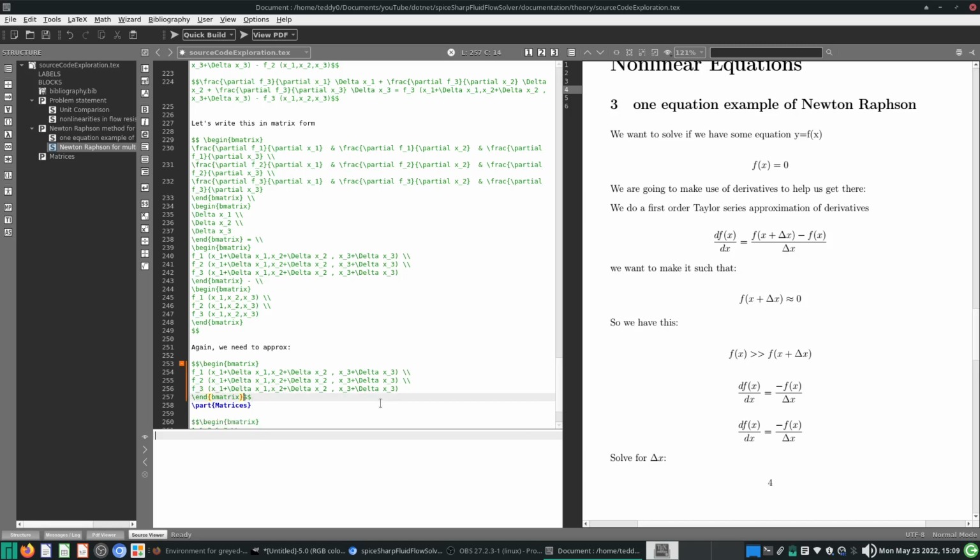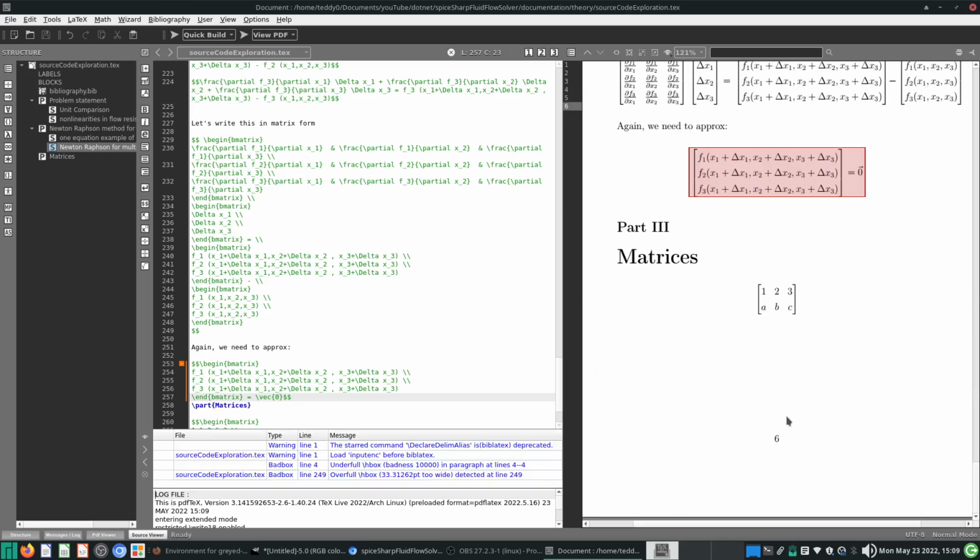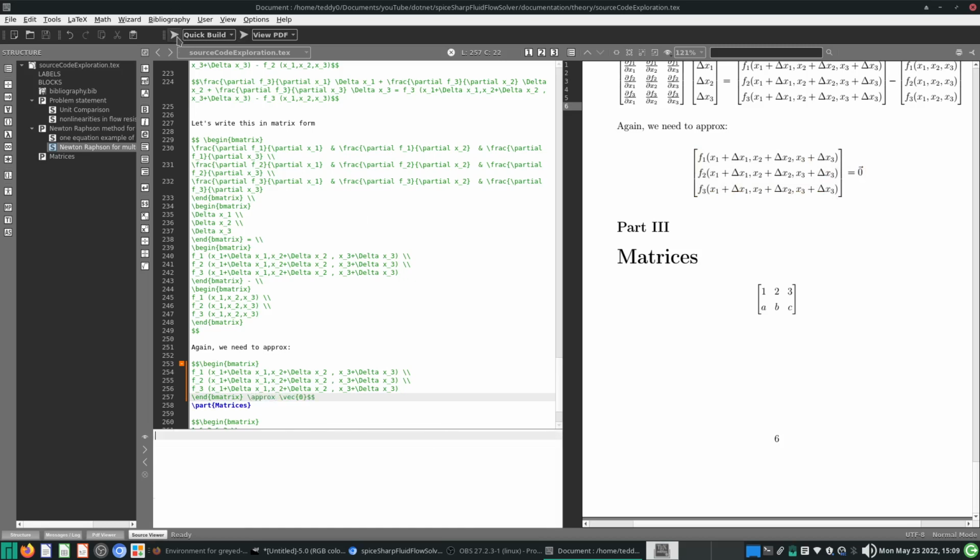Okay, and I'll just use the 0 vector to represent that, since we are doing it in matrix and vector form, at least in the engineering sense of the word vector. Yeah, we need to equate or approximate this to 0. Okay, then what happens after that?